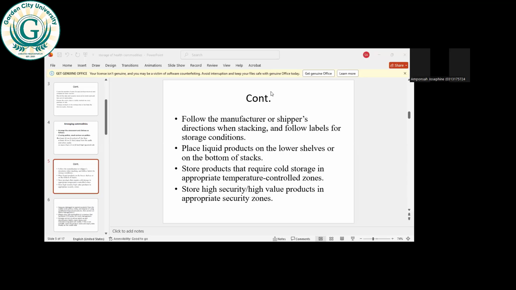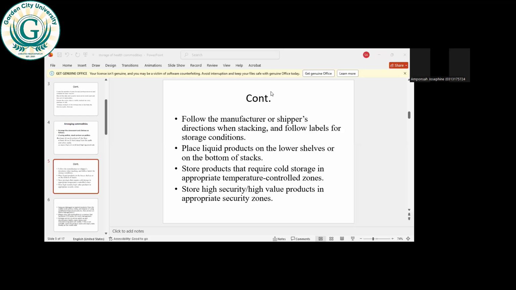And then with some of them, because of the restrictive nature, you cannot sell those products in the open market, and so they have high black market value. And so it is easily stolen if you don't keep those drugs well. So such items, we talk of high security zones, products that require high security or high value.